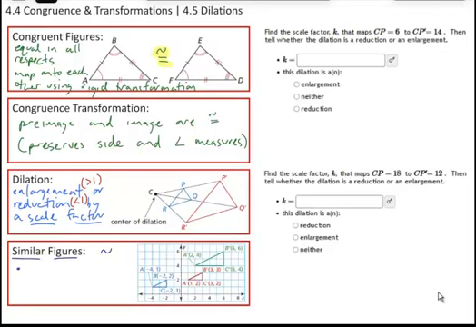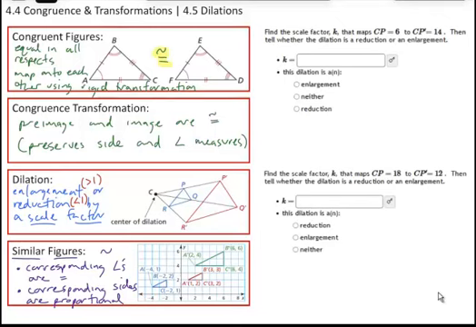And in similar figures, you're going to have corresponding angles that stay equal, but the corresponding sides can be proportional. So similar figures are ones where there's a dilation that is applied to it.